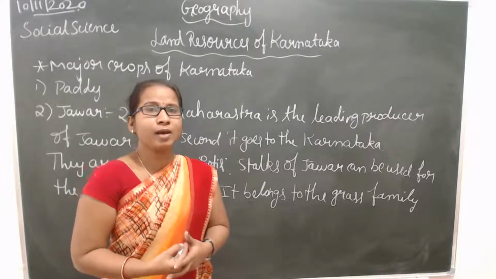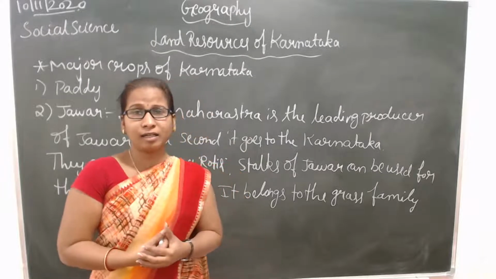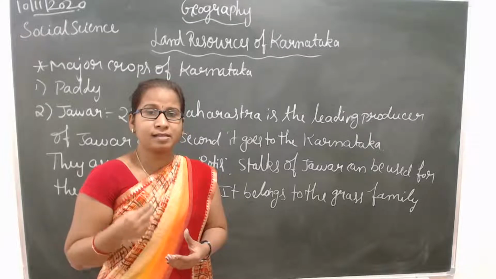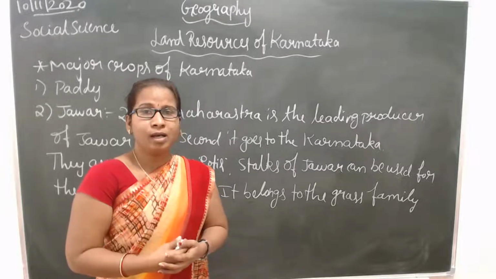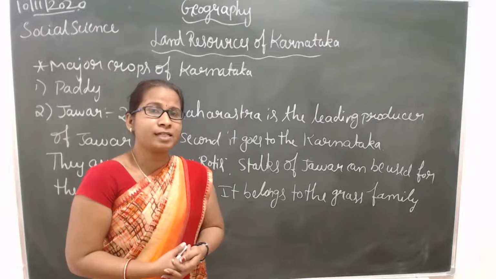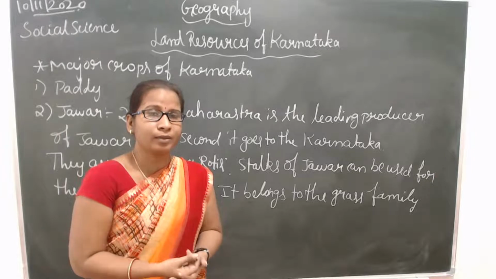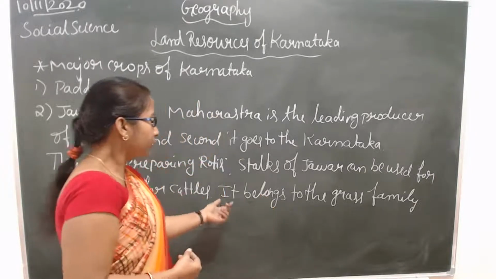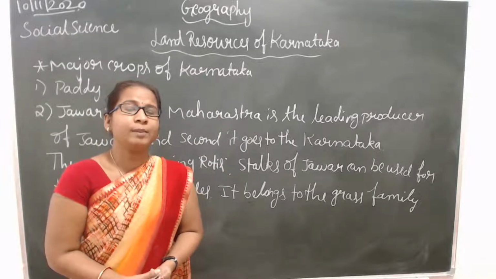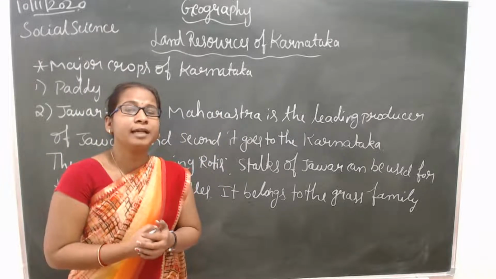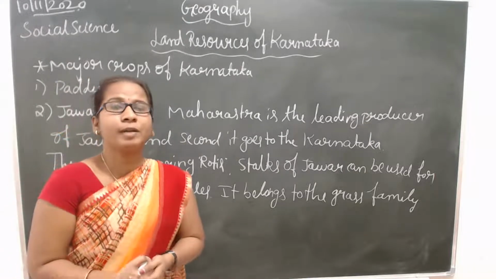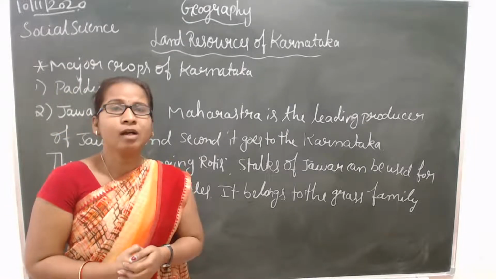Plantation method means they put in plants, meaning the stalks, and with the help of those stalks they can grow different types of plantation crops. So this jawar belongs to which family? The grass family, and it is called a tropical crop.